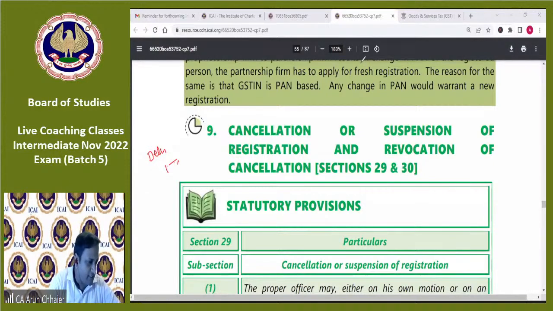Either CGST or SGST. Let's say your file is with the CGST officer.